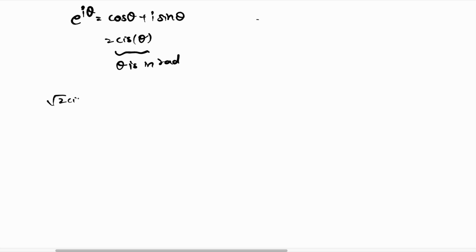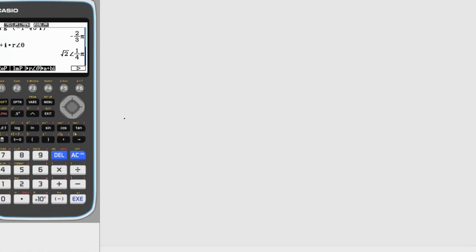If I have a complex number root 2 cis pi by 4 in polar form, the same complex number in Euler's form can be written as root 2 e raised to i pi over 4. One important aspect of using Euler's form is the ease with which we can put the complex number in the GDC. For example, writing root 2 cis pi by 4 is a bit difficult because we'll have to put that sign in.